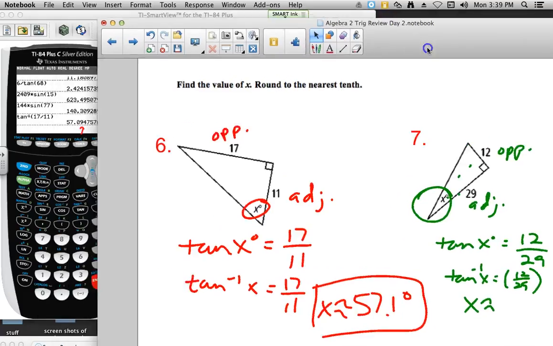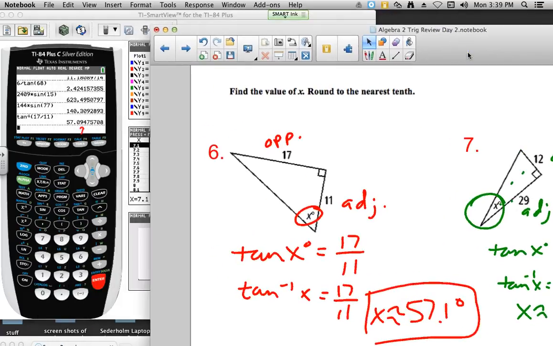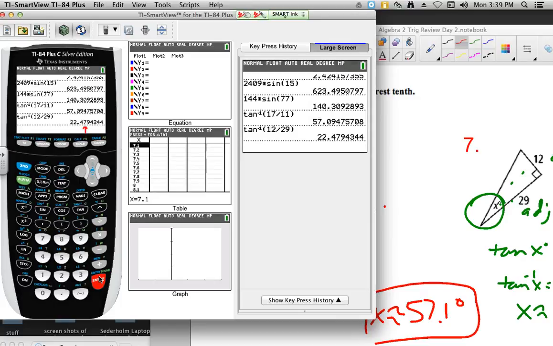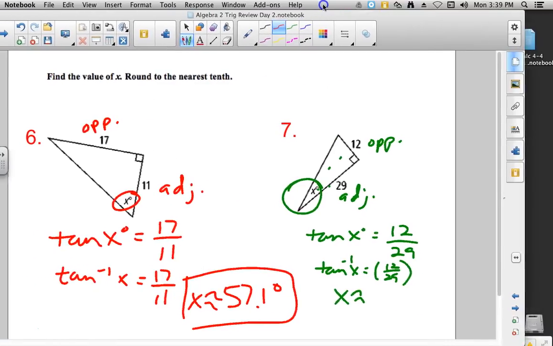So we need the inverse tangent of 12/29. So second tangent, 12 divided by 29. And we round to the nearest tenth. So we look at the hundredths position, which is a 7. And that tells us that we have to round up. So it will be 22.5 degrees approximately.